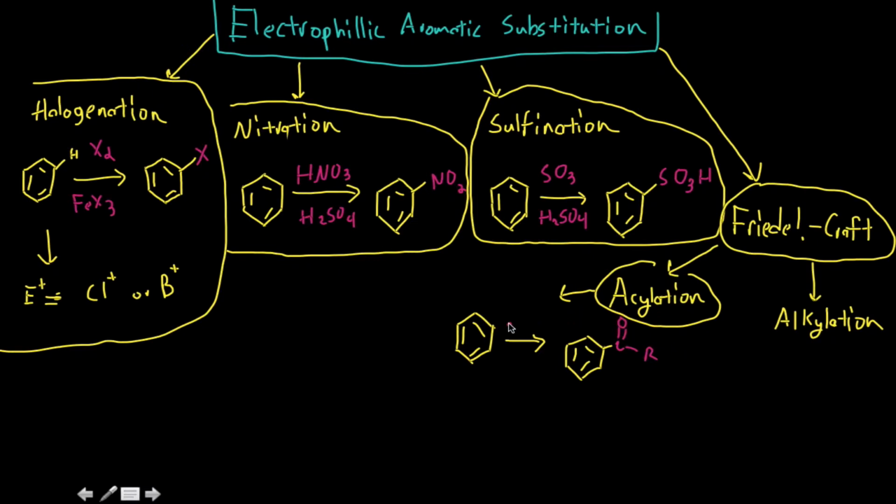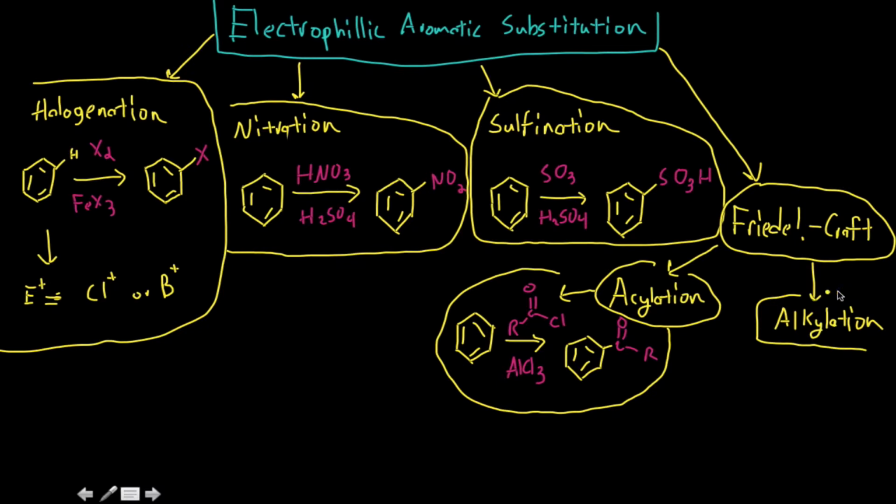What are the reactants that we need? Well, we need that R. We need our keto group. And usually an acid chloride. I don't think you can do that with Br. Maybe you can. And then aluminum trichloride. Again, all acidic conditions. And this is really useful for a lot of other reasons, which we'll talk about later. So that's acylation.